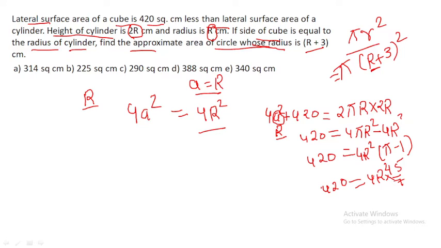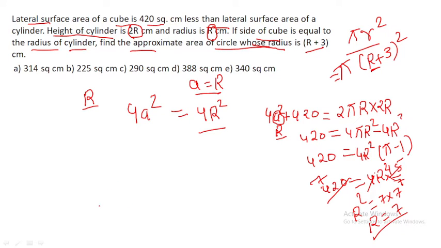So 15 into 4 is 60, and 420 divided by 60, how many times? 7 times. Now R square is equal to 7 multiplied by 7. So the value of capital R is 7.